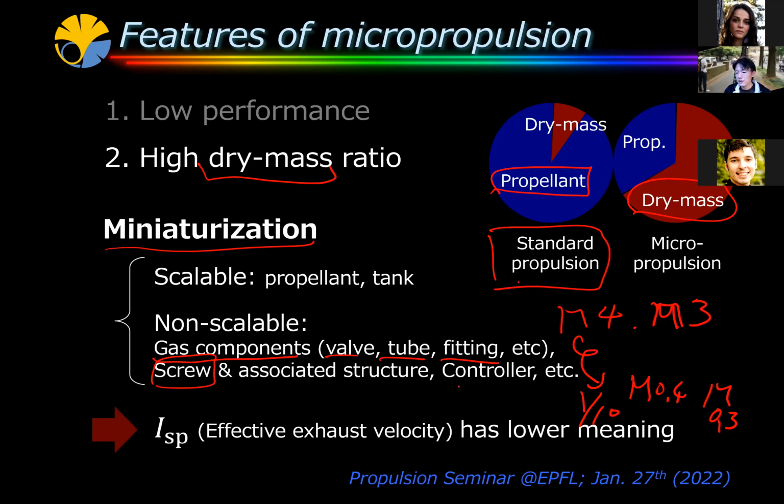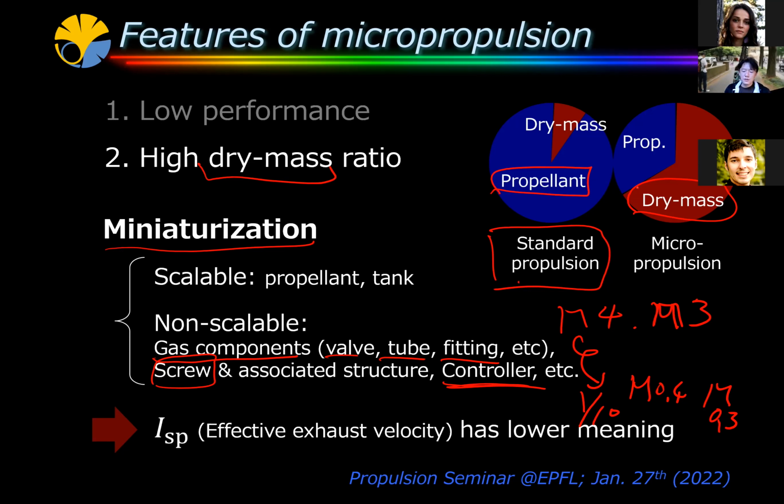And also the controller. The controller is an interface between the satellite and the propulsion system. Basically, that function is the same for standard size and micropropulsion systems, so this kind of device usually cannot be miniaturized even in micropropulsion systems. So due to this component, basically the dry mass fraction becomes higher.